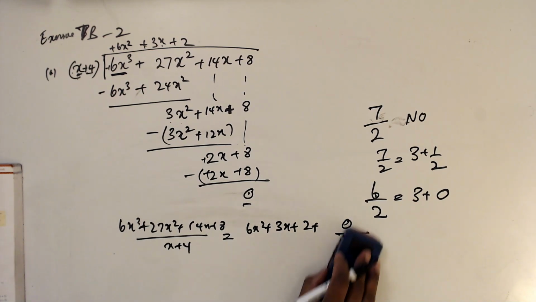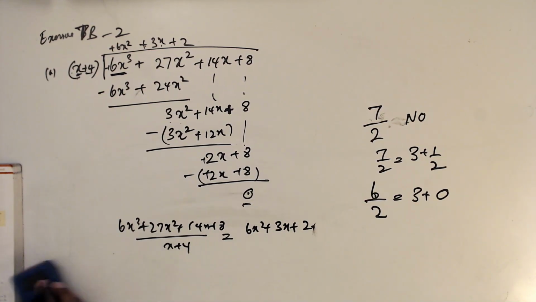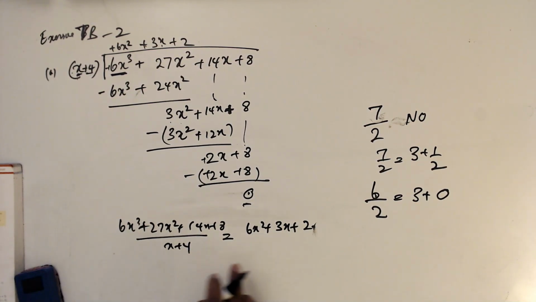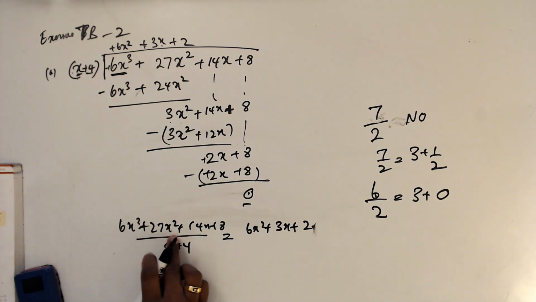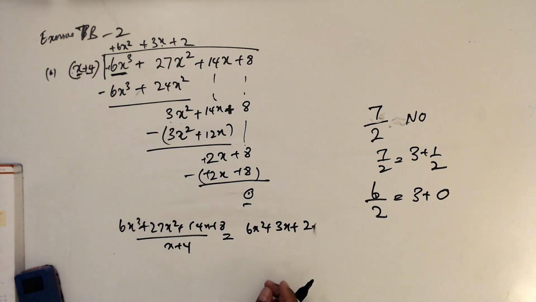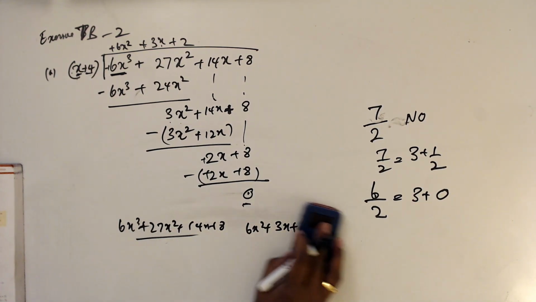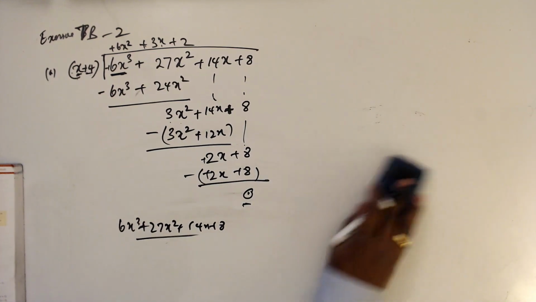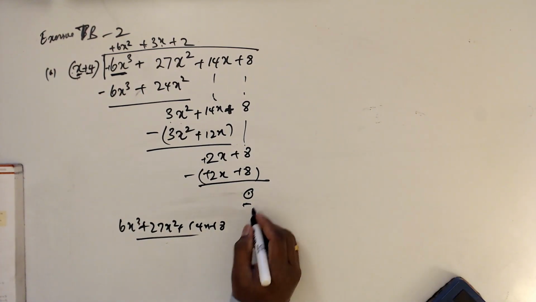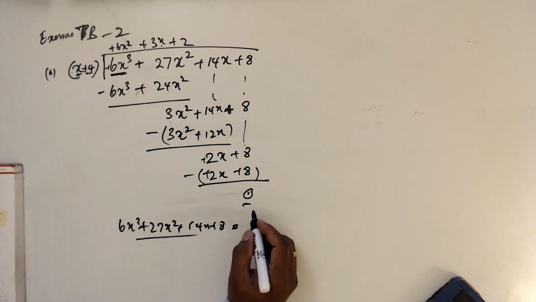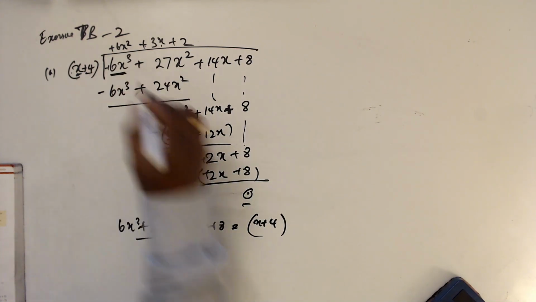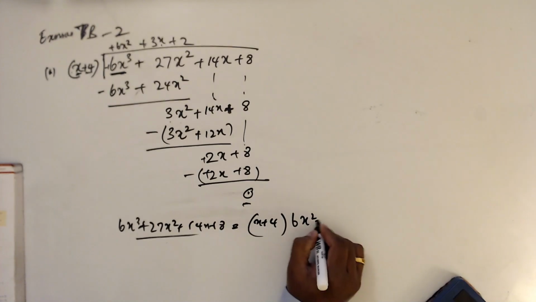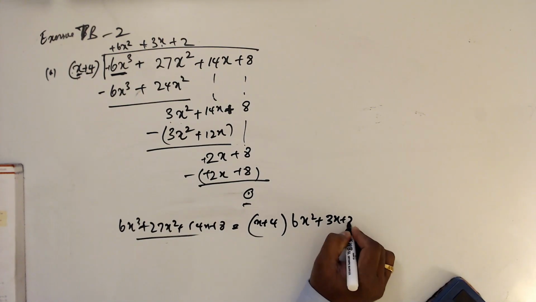It means x plus 4 is a factor of 6x cubed plus 27x square plus 14x plus 8. So we'll write in the form they want. They want a different form. This is equal to x plus 4 times 6x square plus 3x plus 2.